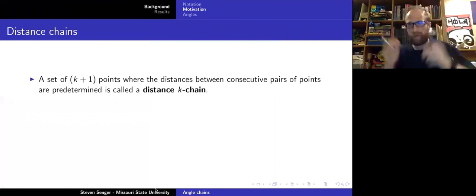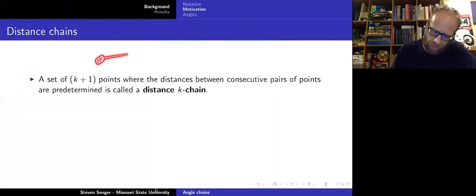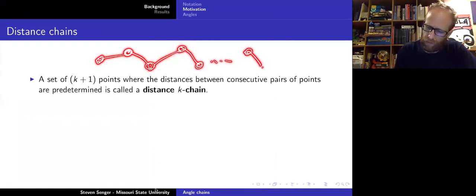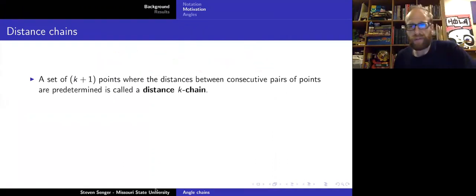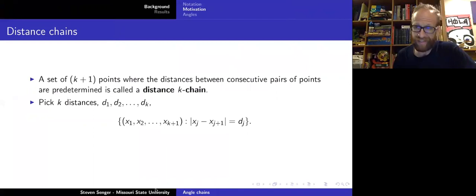Numerous authors have taken this type of definition and run with it and said, well, if instead of looking at a single distance measured between a pair of points, let's look at many distances measured between many points. So if I have a set of k plus 1 points and I'm considering the k distances between those points, that's what I'm going to call a distance k chain.